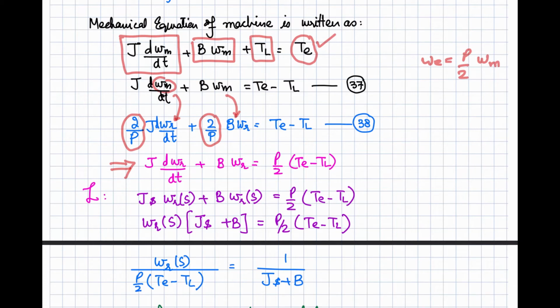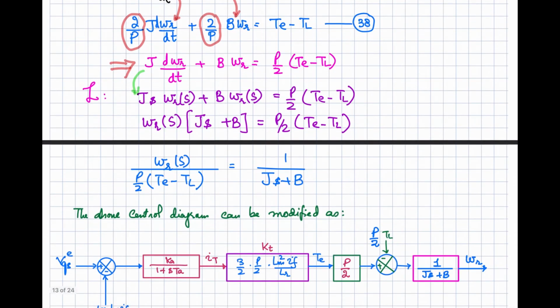Now taking the Laplace transformation of this equation and finally rearranging, you will get this equation, and we can write it like that: omega r in S domain divided by P by 2 into T minus TL can be written as 1 by Js plus B, where J is the inertia constant of your motor and B is the frictional coefficient of your motor.